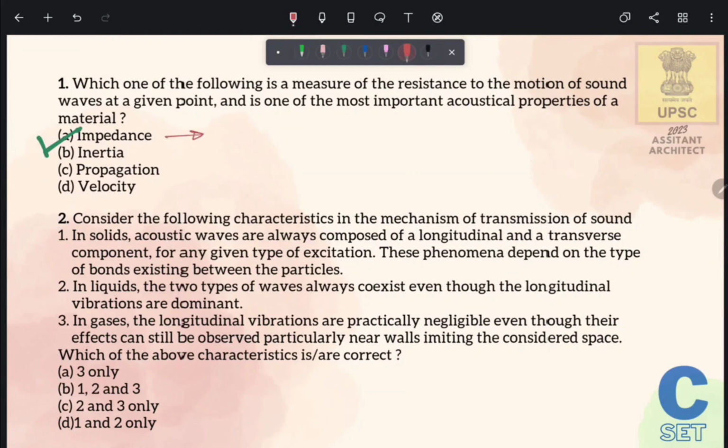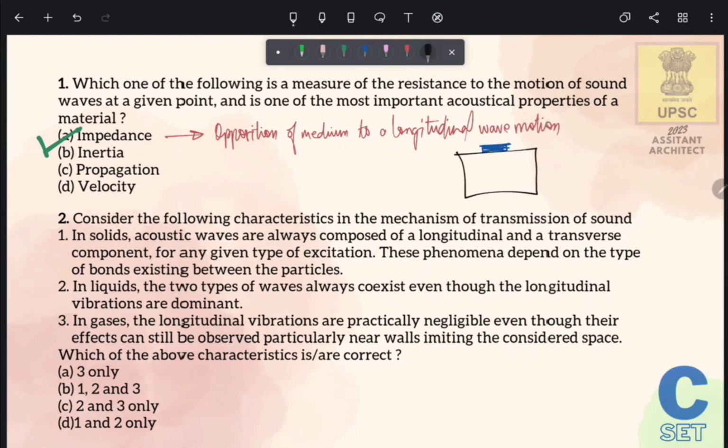So acoustic impedance is a opposition of a medium to a longitudinal wave motion. Suppose this is our sound object and these are three mediums.